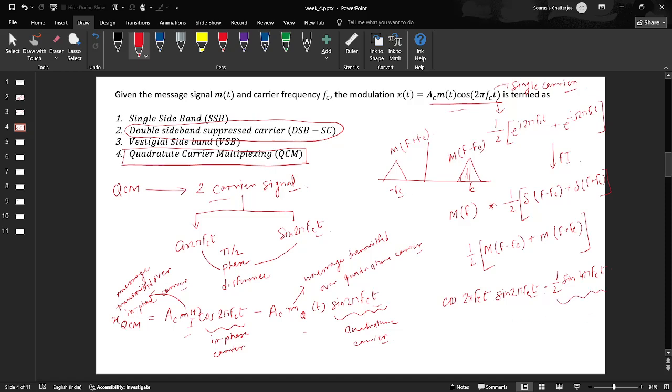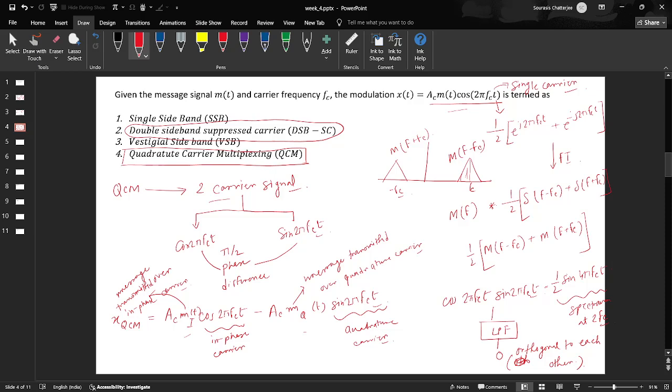And this has spectrum at 2fc, so its baseband content is 0. If I pass it through a low pass filter, I'll get 0. That means they don't have mutual impact on each other. That is why I am saying these carriers are orthogonal to each other.